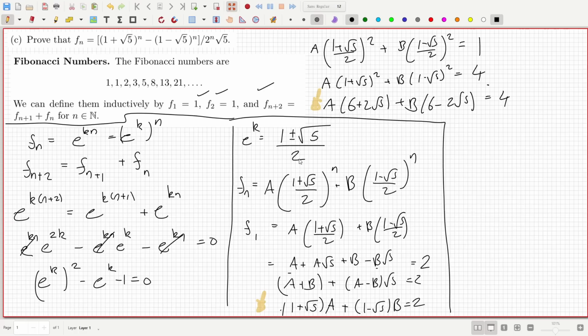Okay, so if you solve those two systems, oh, it's going to be a bit messy to solve.